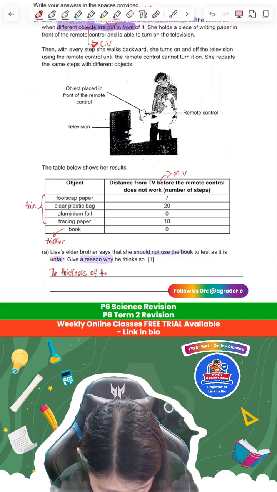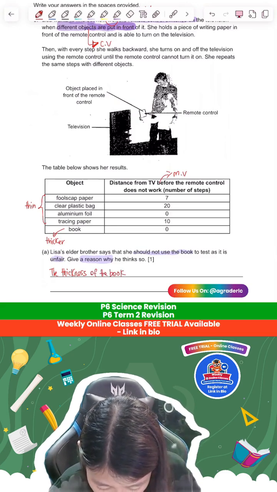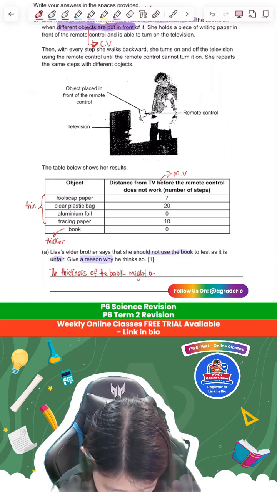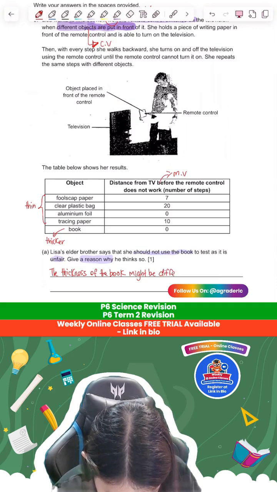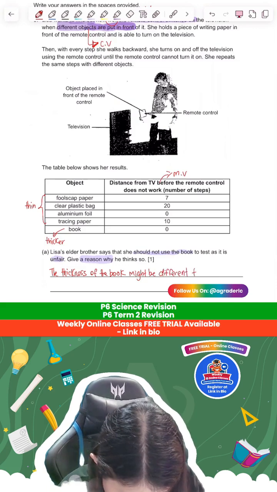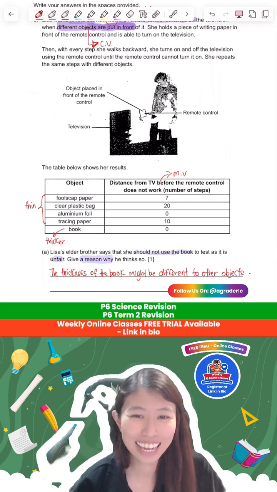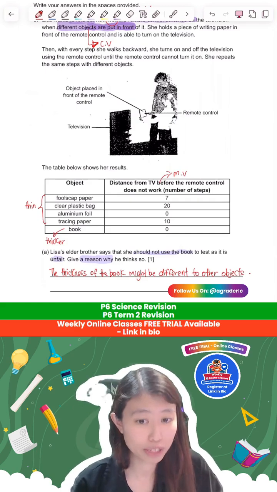of the book might be different to other objects. No, this is P6 science. This is a bit too advanced for primary 3.